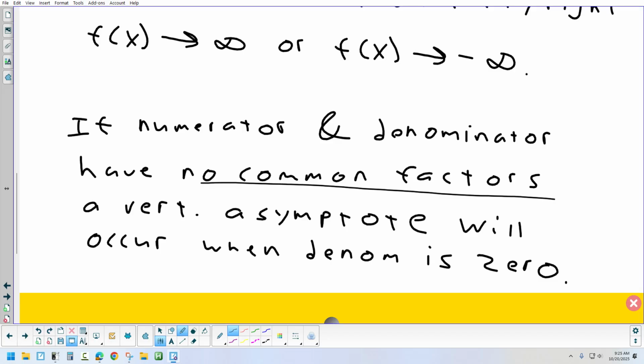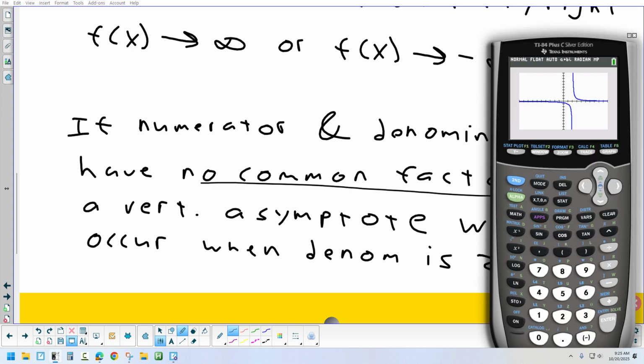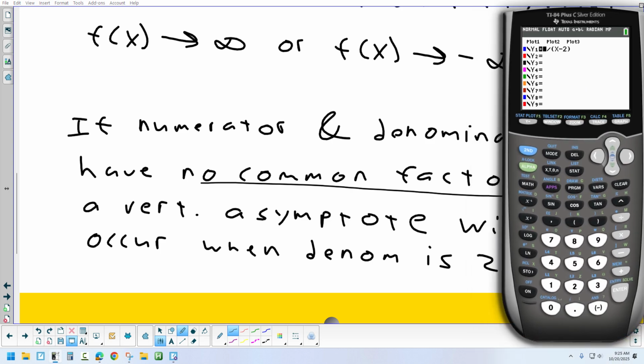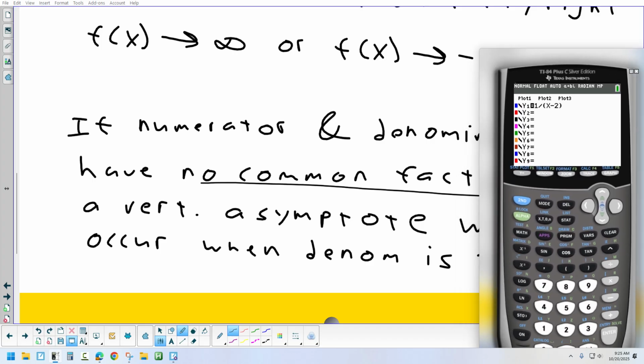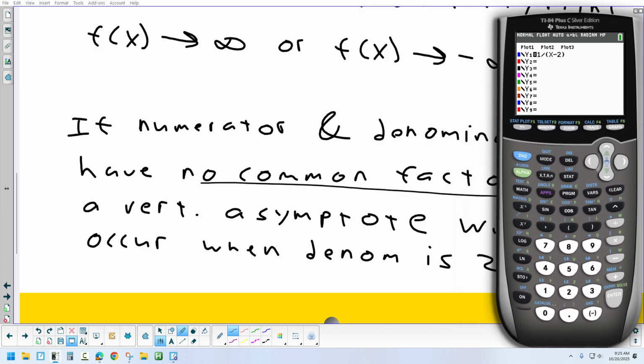Let me show you what I mean by a common factor. Let's take this and modify it so instead of having just 1 in the top, let's make it x minus 2.